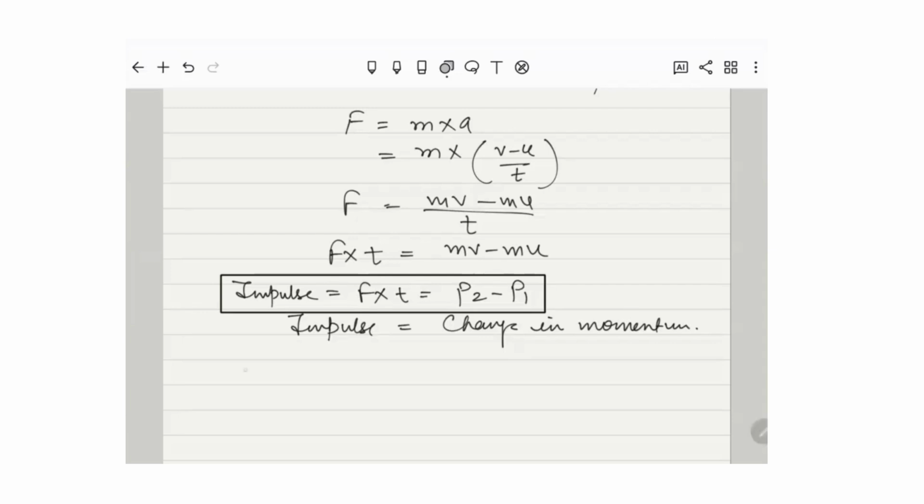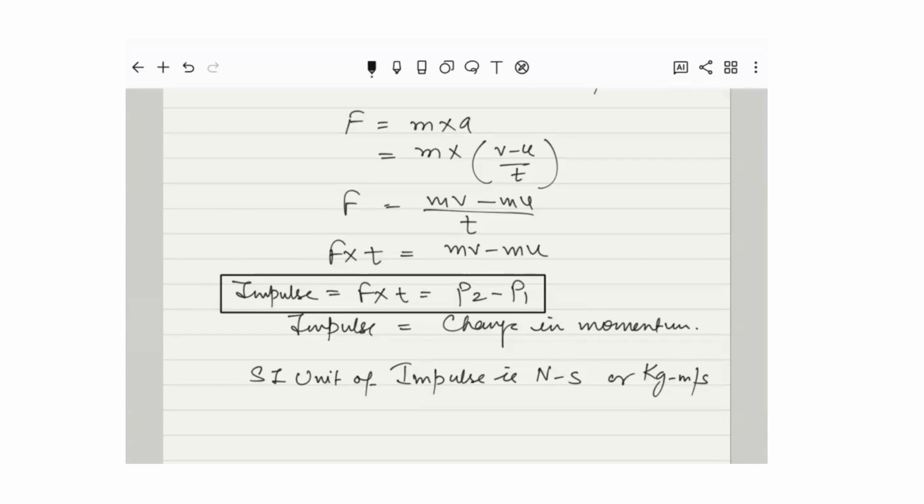And what is the unit? SI unit of impulse is Newton second. Okay? Or kg meter per second. Newton second is the unit of the impulse because force is in Newton and time is in seconds. So it is Newton second.